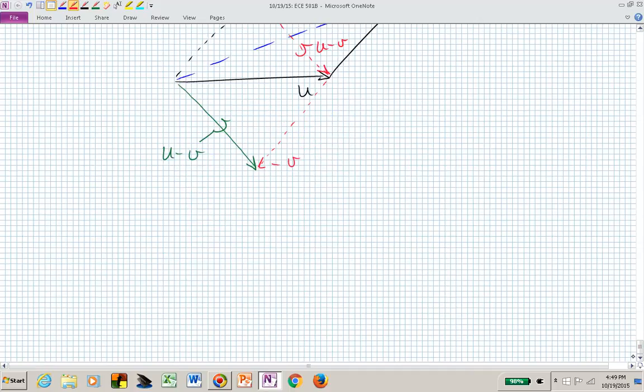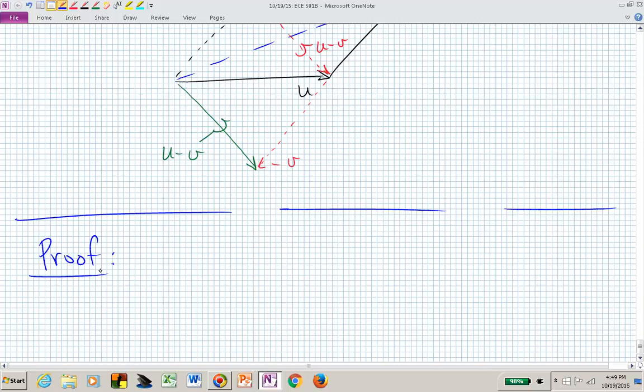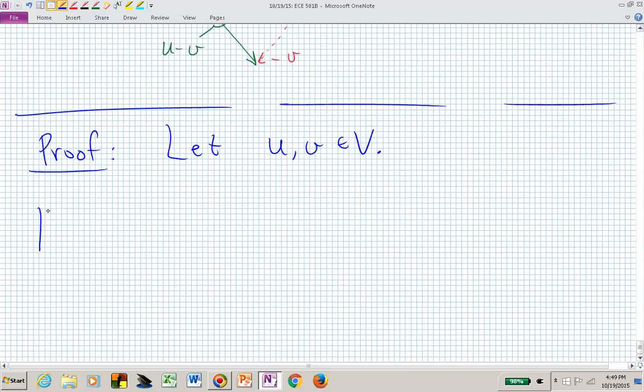Well, I was having so much fun proving those others. Let's keep going. So let's prove that, since these haven't been too difficult to prove. So now let's start with u and v in our vector space V, and start with the left-hand side, which is the norm squared of u plus v plus the norm squared of u minus v.